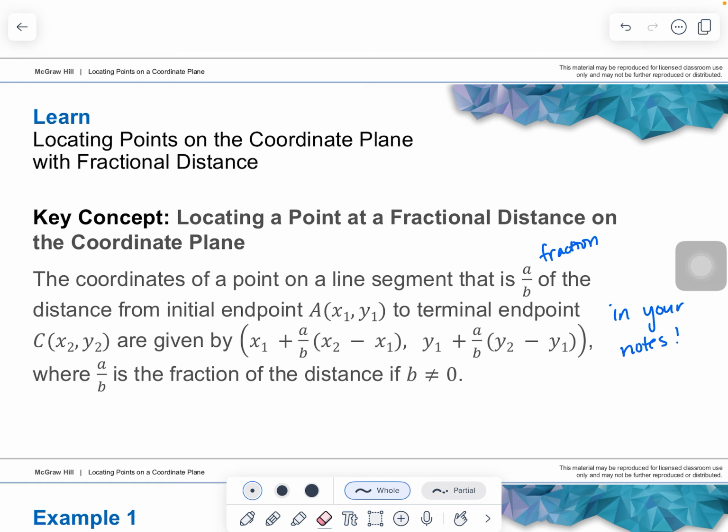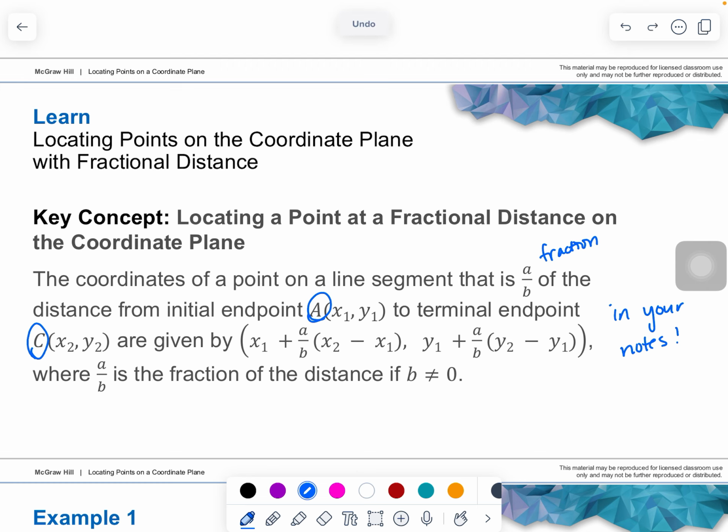What I want you to see before I move on is that they've given you some letters that are important and some letters that are not important. So right here, this A and this C, not important. They could be any letter. They will give you the letters D, the letters A, the letters B, the letters C, the letters whatever.